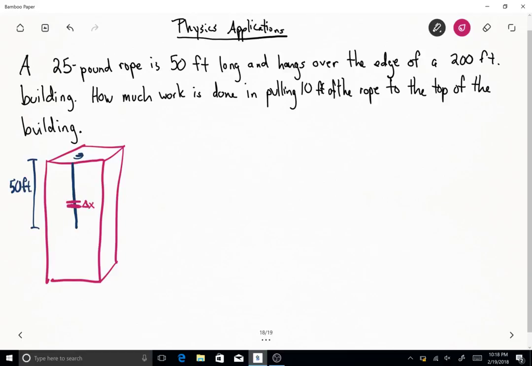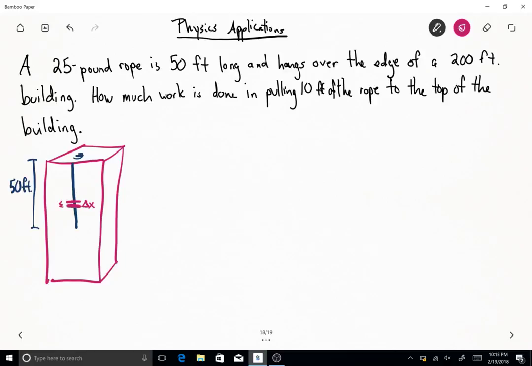And what we need to do is have some defining part for each delta x in terms of how much force is going on. And the way to do that, if we can figure out the pounds per foot, then we should be in pretty good shape.